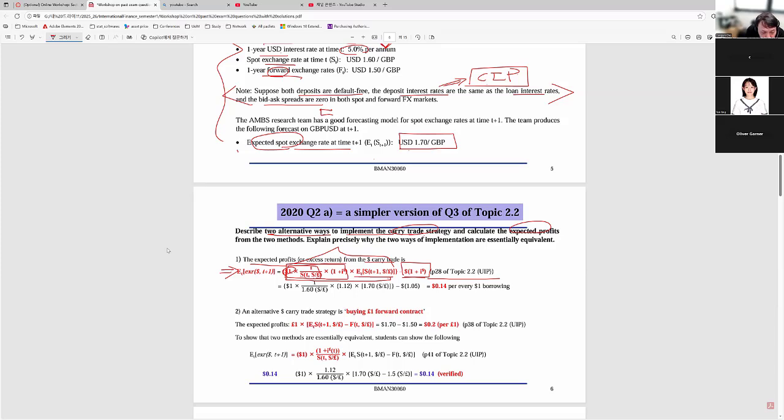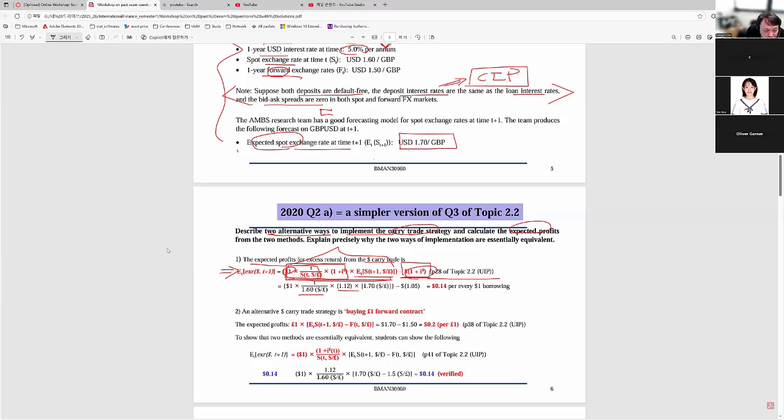And this is the one you have to pay back. So this is the financing cost you're gonna pay. To implement carry trade, you have to borrow dollar. This is the one you have to pay back. This is what you expect to earn after 1 year. Now, once we have these expressions, you can just plug in all these numbers. So the spot exchange rate is $1.6 per pound. Pound interest rate is 12%.